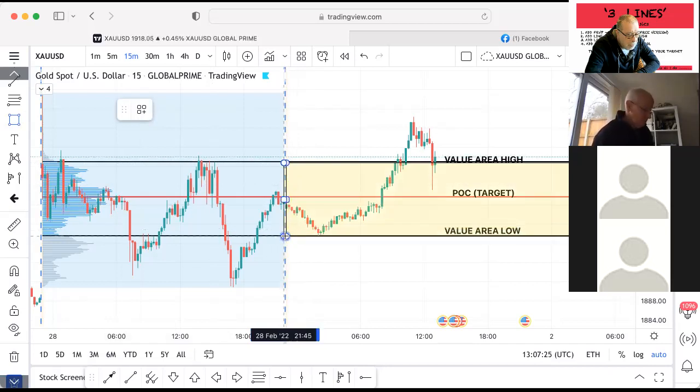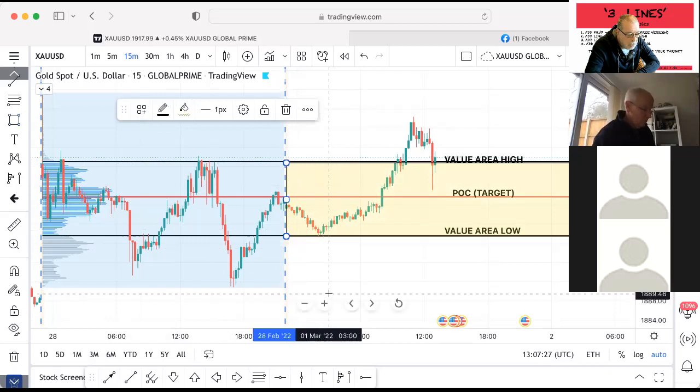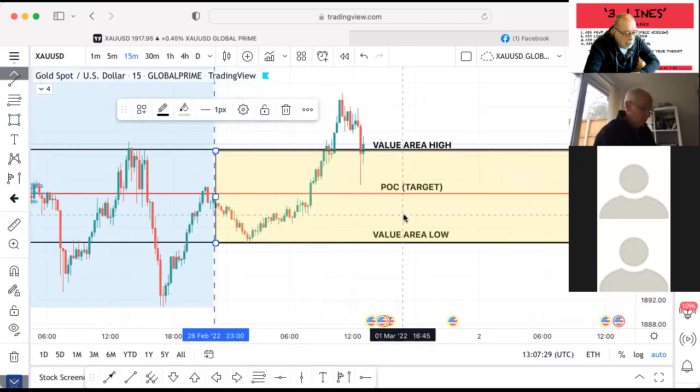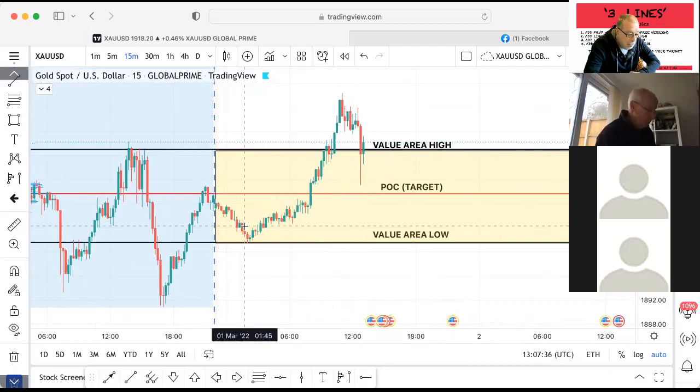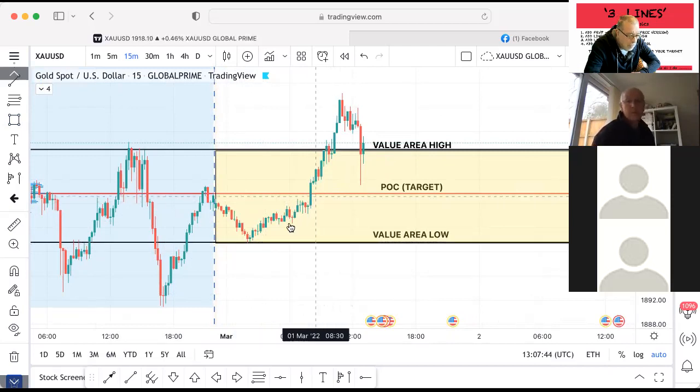That will focus your attention on what we're looking at for the three-line strategy. And this is a good example today actually, we're looking for trades when price is below the target. We're looking for buys up to the target.